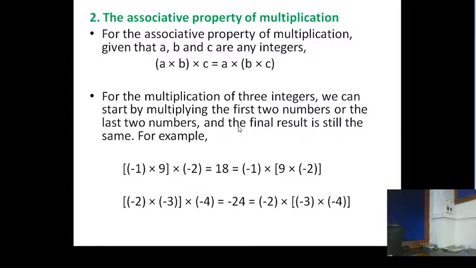No need to write this one, you just write only this one. The associative property of multiplication. So we will say this side is equal to this side, right?